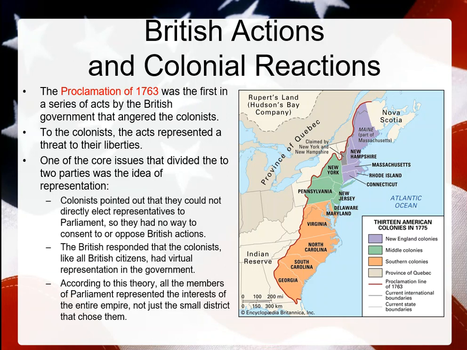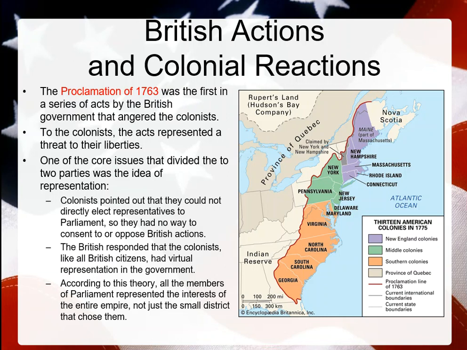So colonists pointed out that they could not directly elect representatives to Parliament, and they said this isn't okay because you guys are taxing us and you guys are passing laws against us, and we don't even have proper representation, right? It's the whole no taxation without representation thing. So the British responded that the colonists, like all British citizens, had virtual representation in government.